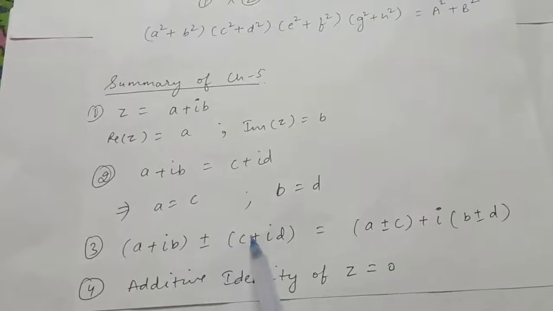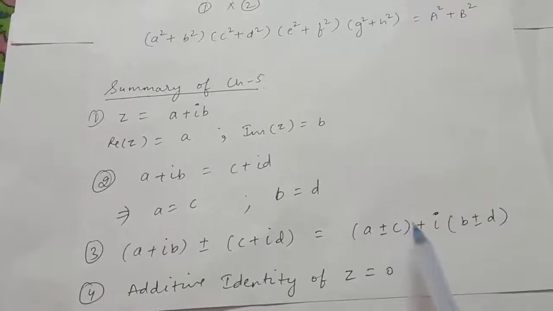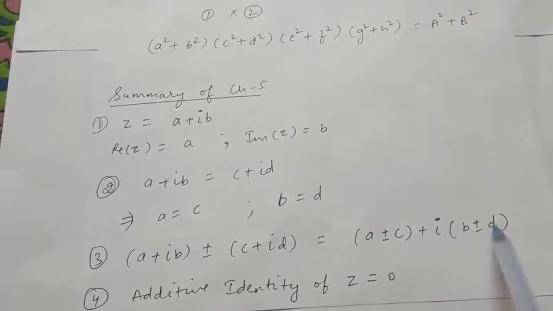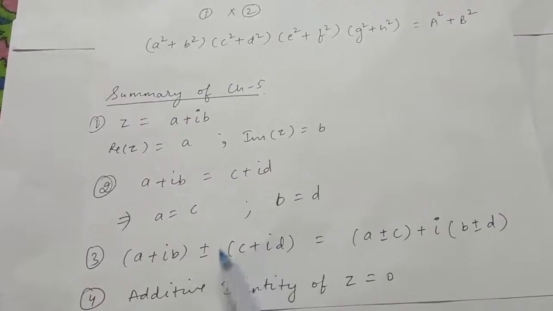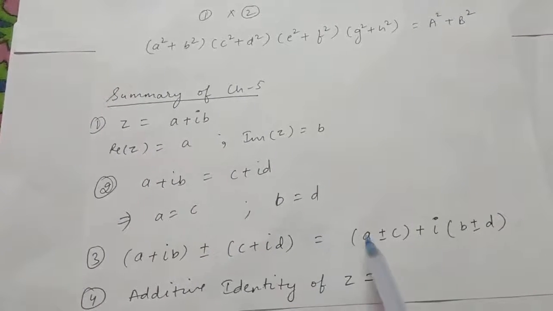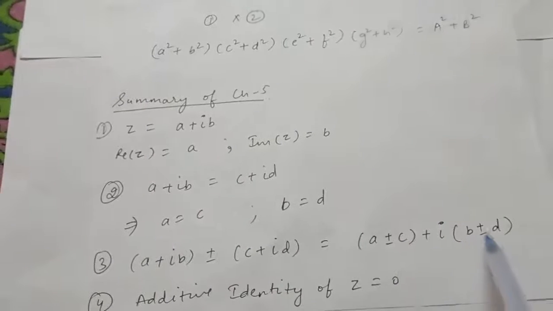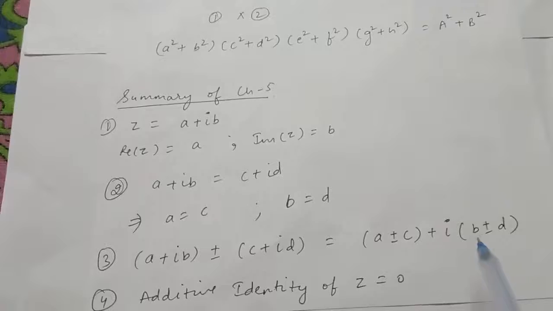If you add two complex numbers, then add their real parts plus iota, add their imaginary parts. And similarly for subtraction, if you subtract two complex numbers, then subtract their real parts plus iota, subtract their imaginary parts, right?